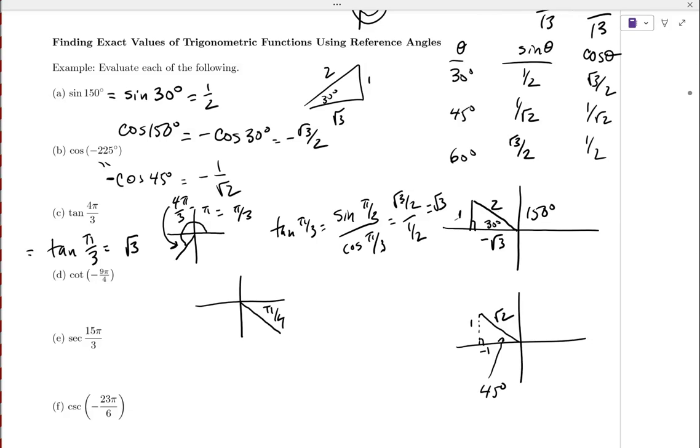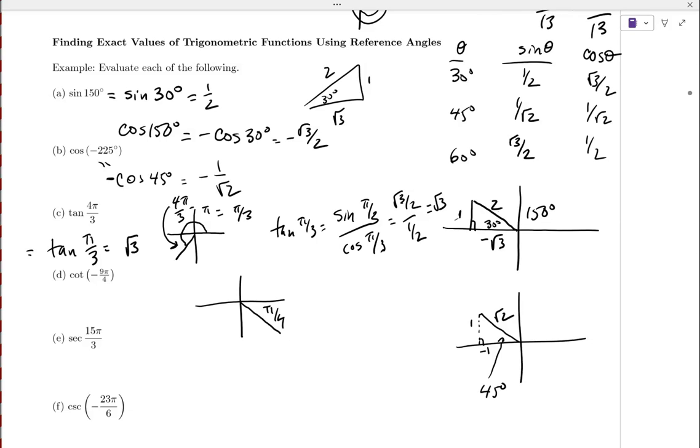When it's one of the special ones, the over 3, the over 4, the over 6, the reference angle is pi over that number. Every single time. It's those special ones that work. If it's something like pi over 9 or pi over 11, that doesn't work, but it works for pi over 3, pi over 4, pi over 6.